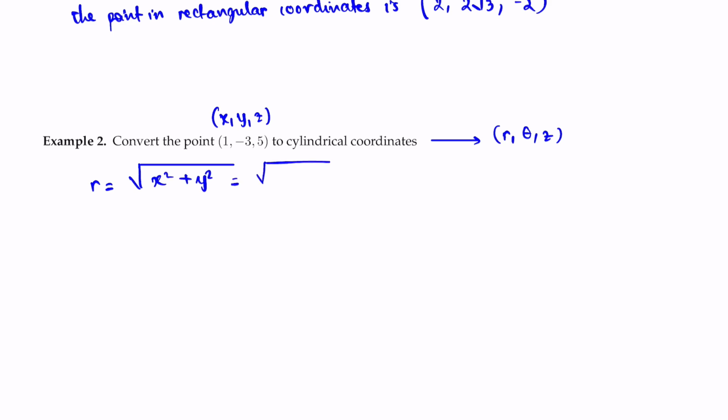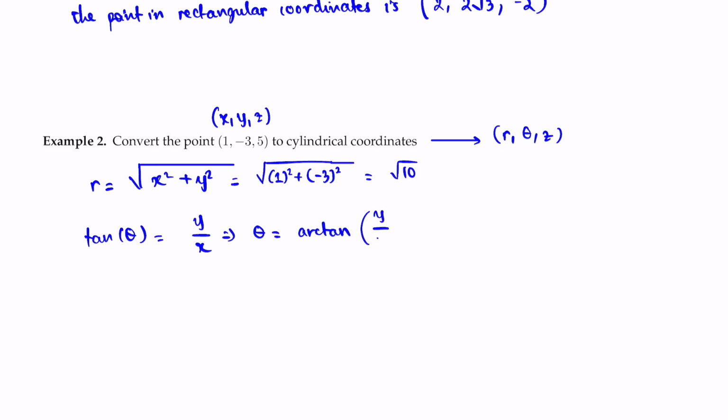For x equal to 1, so 1 squared, and y equal to negative 3, you're going to get square root of 10. For theta, I'm going to use the equation tangent of theta equal to y over x. So theta is equal to arctangent of y over x, or arctangent of negative 3 over 1, or arctangent of negative 3.